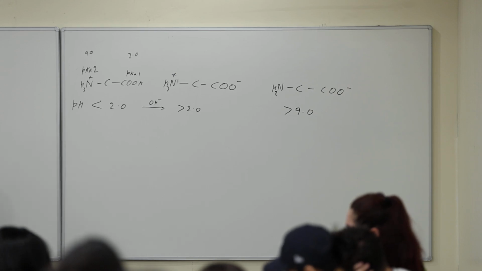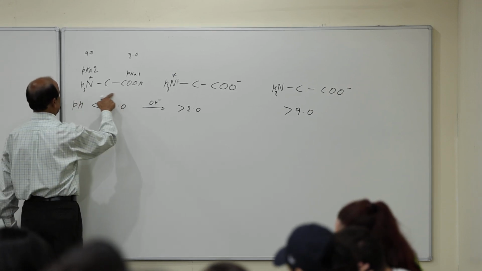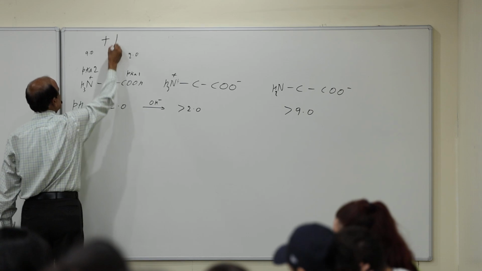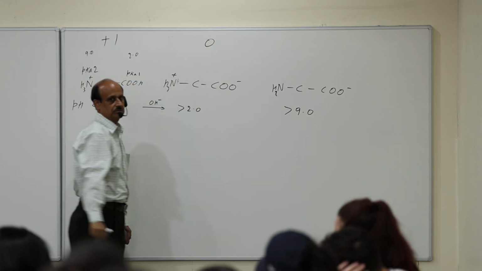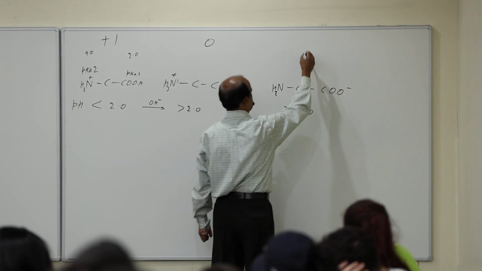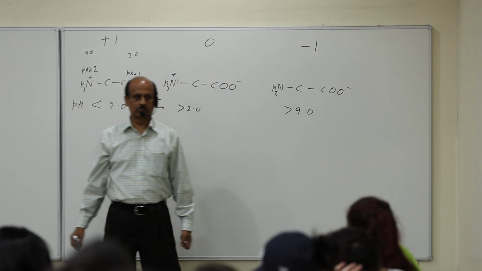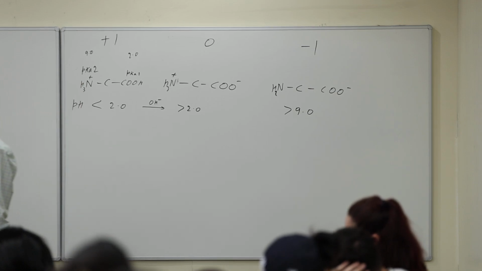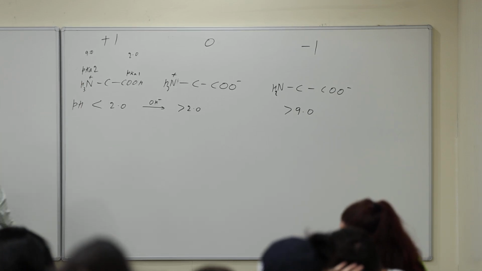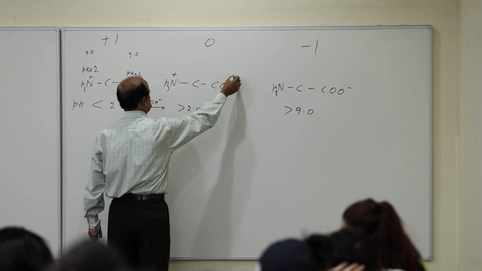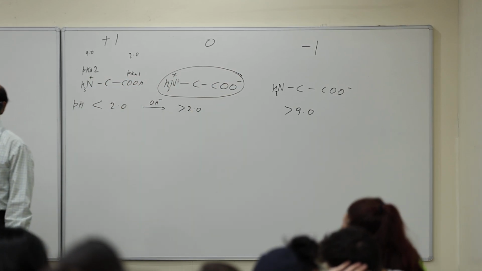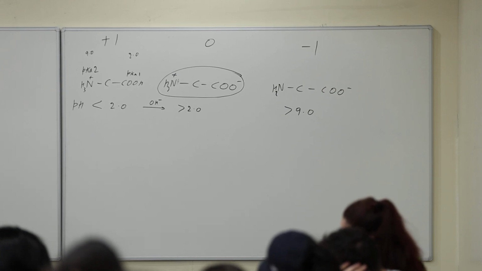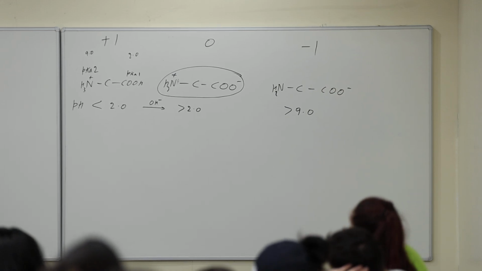So what is the charge on this one? The total charge is +1. The total charge of this one is 0. There is a plus and a minus. And the total charge of this one is -1. So at the pH at which it has a 0 charge, if you put an electrode in the solution, then the species will not move towards the negative or positive electrode.